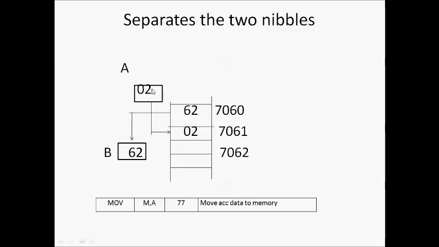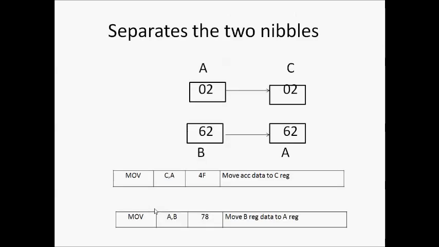As you know, the accumulator holds 02, which is moved to memory location 7061 with MOV M,A. Then the accumulator data is moved to register C with MOV C,A, and register B, which is 62, is moved to the accumulator with MOV A,B.